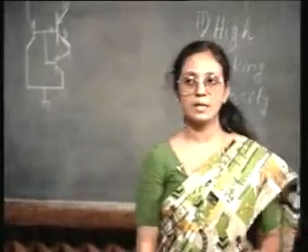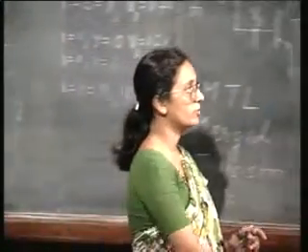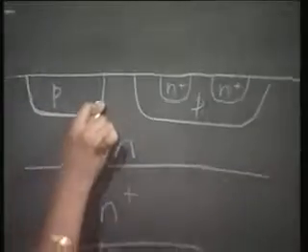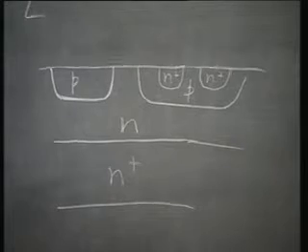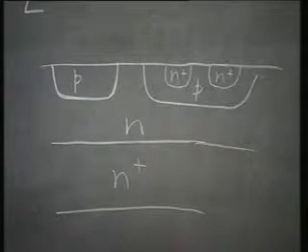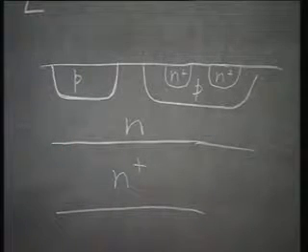Okay, now let us look at the basic I square L circuit from the technological point of view. I have started with a substrate called N on N plus, that is, I have N plus as the bottom layer on which an N epitaxial layer is grown.